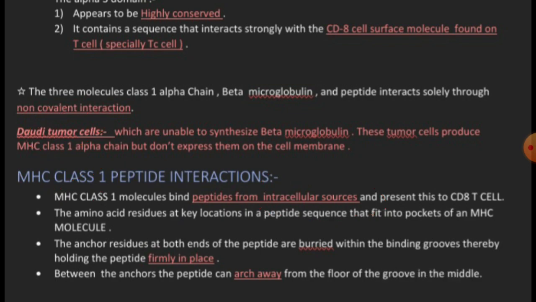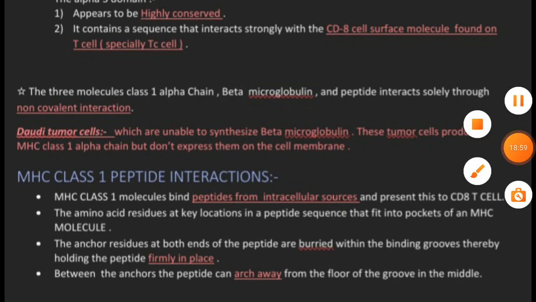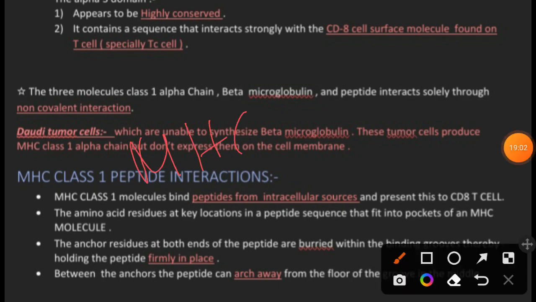So remember, MHC is just like our fathers. What is the first priority for our father? Our father's first priority will be to handle the problems of our home, right? So the MHC class 1 molecule is going to look at the problems of home. Okay, that means endogenous antigen.